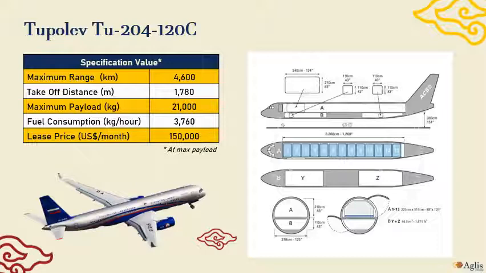The maximum payload is 21 tons, and this aircraft can cover up to 4,600 kilometers at maximum payload. Its takeoff distance is not as long as the previous candidates, with only 1,780 meters. The aircraft's fuel consumption is 3,760 kilograms per hour, and the leasing price is set around $150,000 US dollars per month.